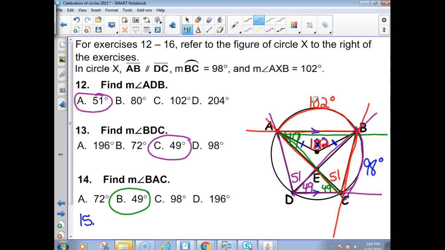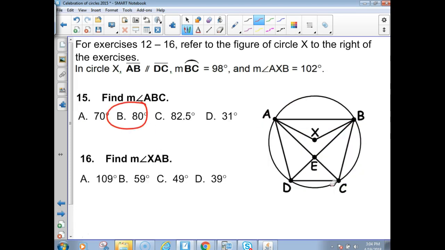Well, I have 98 and 102 over here, right? And let's find out what that adds up to, and then whatever's left would be that arc measure. So 360 minus, this is 200, isn't it, when you put those together? So that's 160 for this arc out here. And if that's 160, angle ABC is half of it, so it would be 80 degrees.